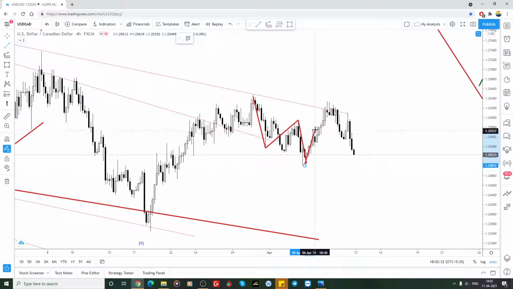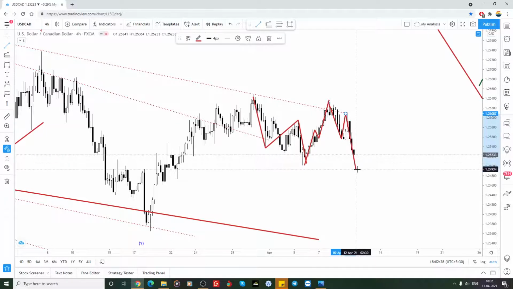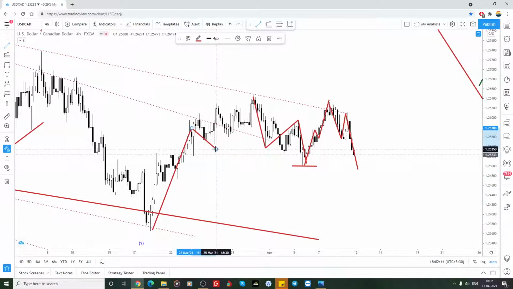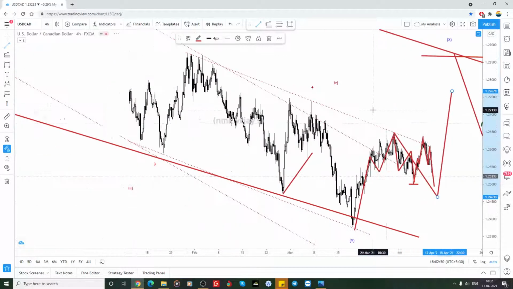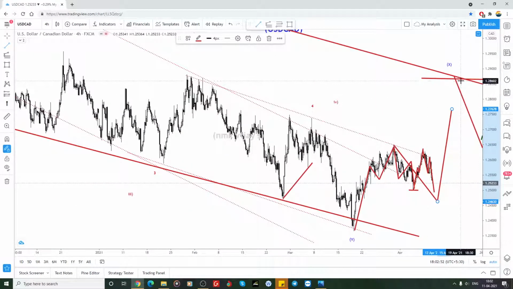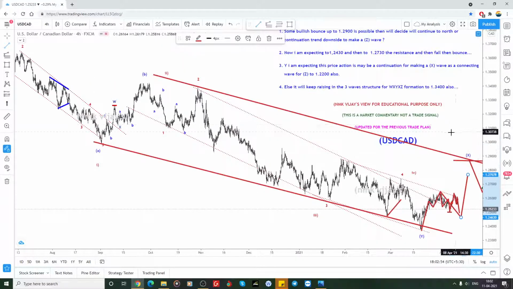So whether this is a three-wave structure and this is also a three-wave structure, it has to break this low. Then whether this is a three-wave structure or an impulsive wave, this is the three-wave structure again, and one more impulsive to the downside. Upside is also there, but I'm expecting 1.2850.